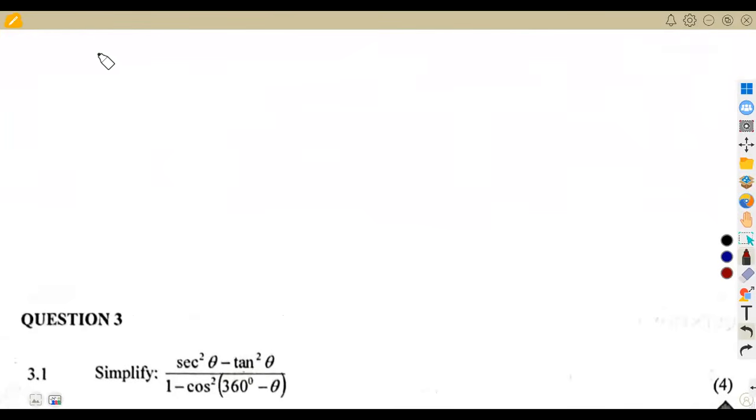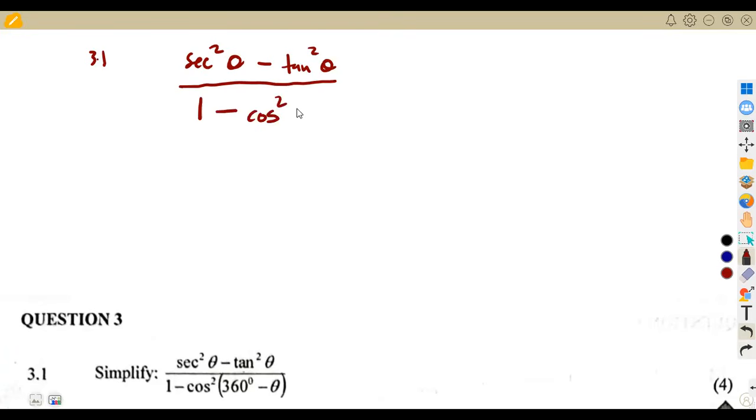That is 3.1, whereby we are given sec squared theta minus tan squared theta, everything over 1 minus cos squared of 360 degrees minus theta, like this. Let us see what we have here.